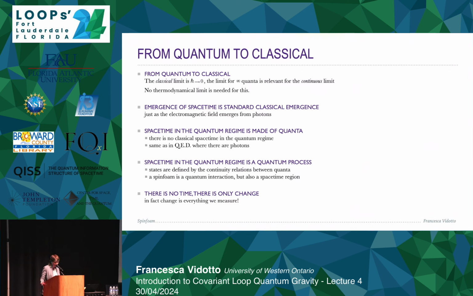The theory that we have is a theory in which space-time emerges, in the sense that I can go from quantum to classical, and I have to be careful in the way in which I do this passage.